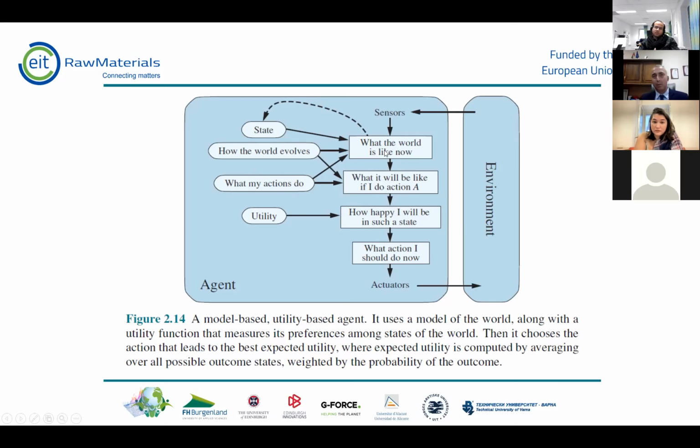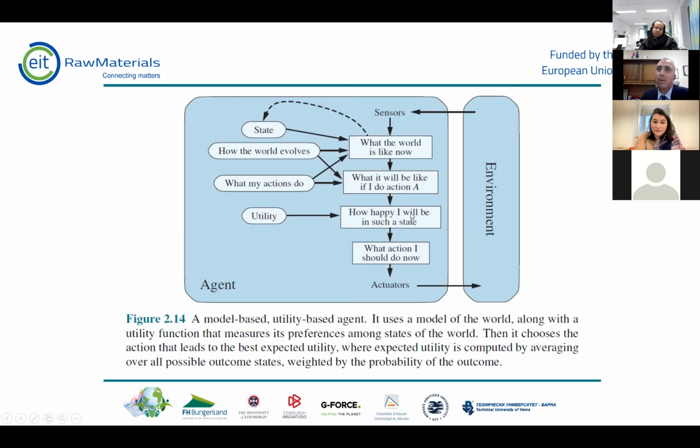And based on these models and based on the answer of these specific questions, then the agent can evaluate how useful it will be by doing action A or B or C. And then comes the question, how happy I will be in such a new state provoked by my actions.